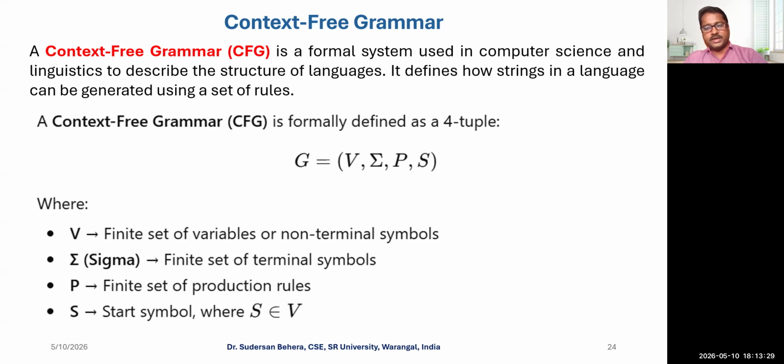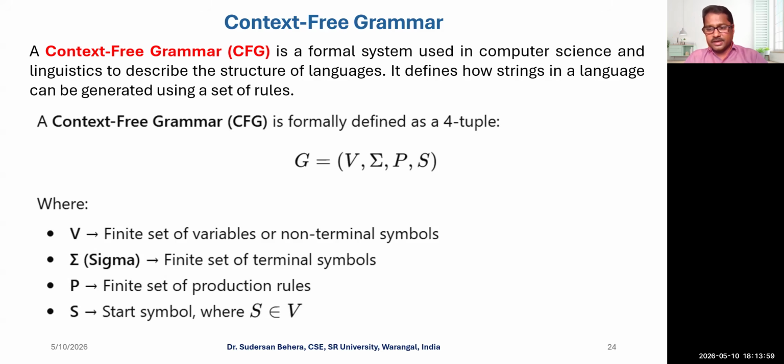Then what is capital S? Capital S is the start symbol, and it is a part of the non-terminals V. It belongs to V. Start symbol means from where the grammar starts, or ultimately from where the building of the tree starts.